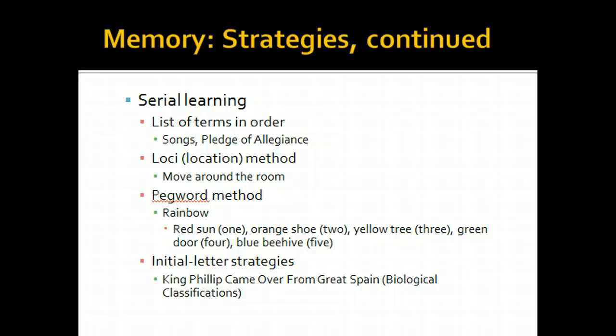So, some ways that you can do this. One is the loci method, and this is kind of where you move around the room. For example, if I had a list of words, say cat, hat, rat, mat, and I had to remember those four words in that particular order, then I might look to my left, and on my left there's a chair, and so I'm going to picture a cat sitting on the chair, and my cat is going to be wearing a hat. So in my mind, when I look at that chair, I see a cat wearing a hat.